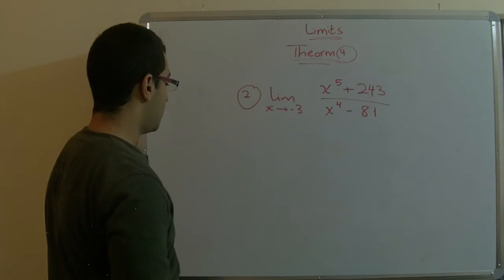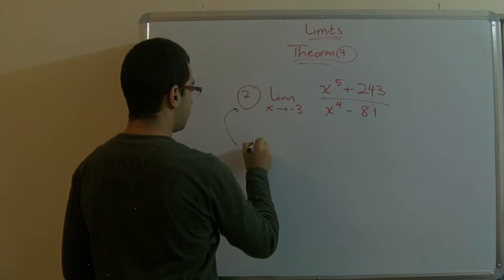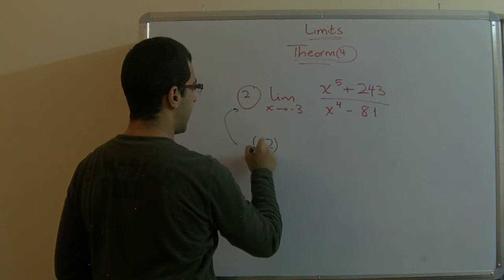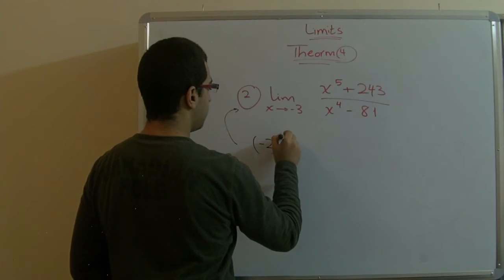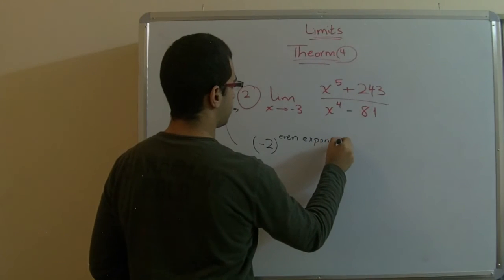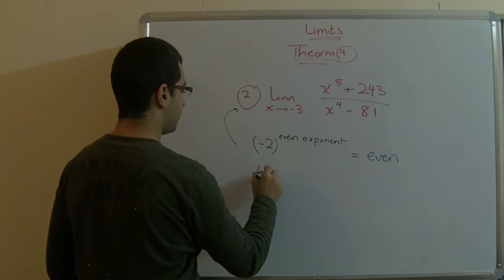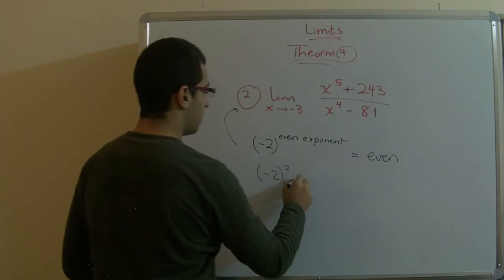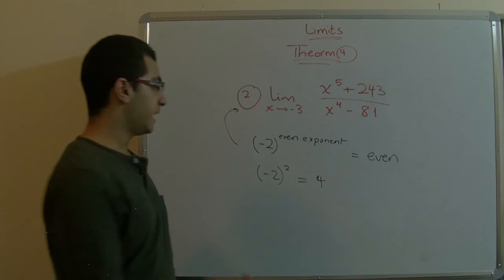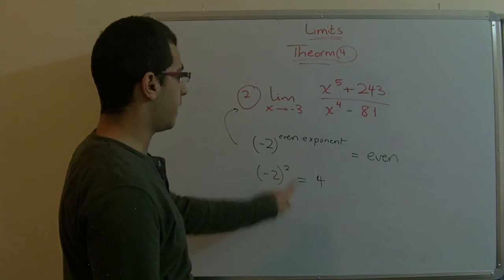And another hint in this problem: for any number, for example negative 2, if we have an even exponent, the result will be positive. So negative 2 to the power 2 is 4, and not negative 4, because the negative is doubled, so it changes into positive because the exponent is even.